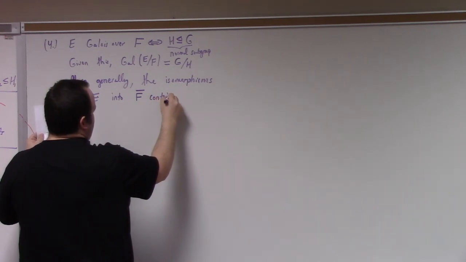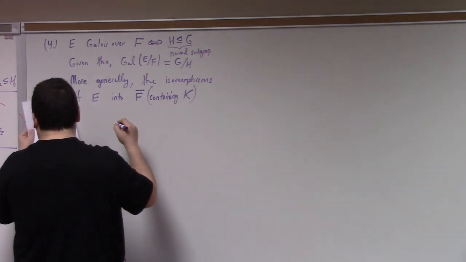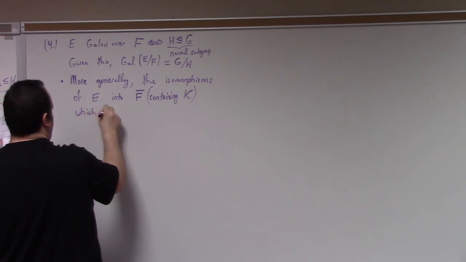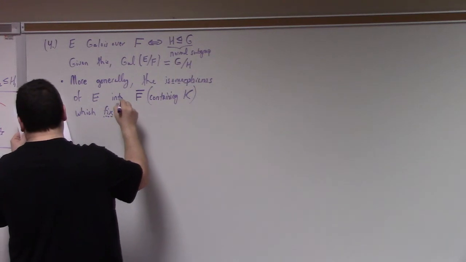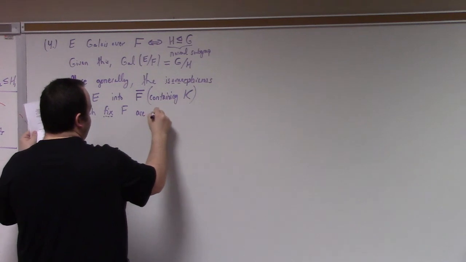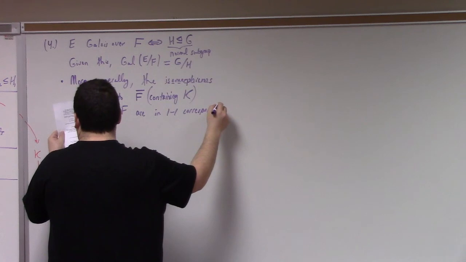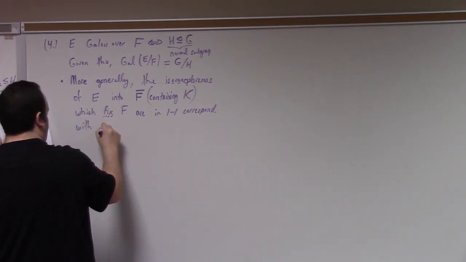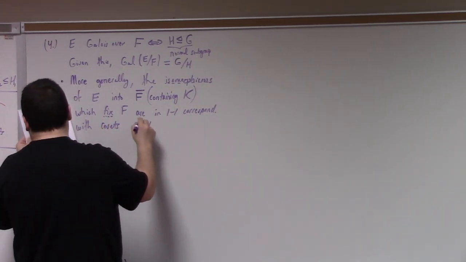Is that the algebraic closure? So F bar containing K, which fix F. So it's the isomorphisms that are doing the fixing, which fix F, are in one-to-one correspondence with the cosets sigma H of H in G.